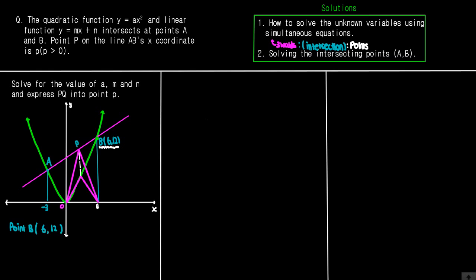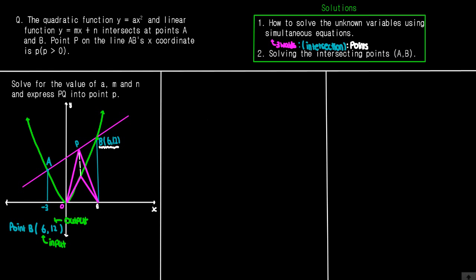If you think about what each value does, 6 is the input of our function, which we usually notate as the x-coordinate, and 12 is the output of our function, which we usually notate as y or f of x. This is what point B looks like.